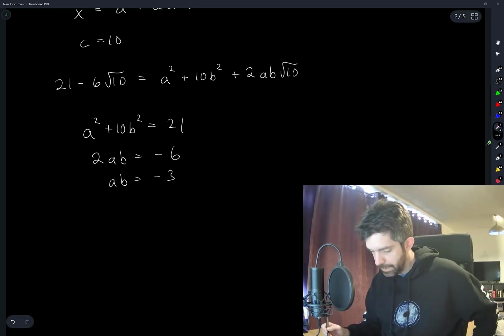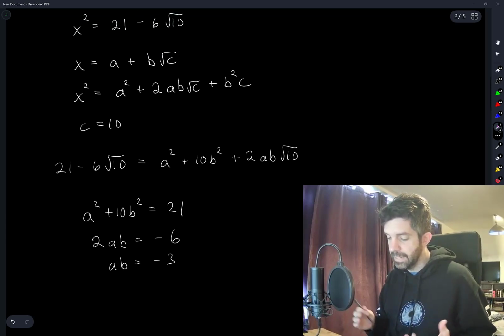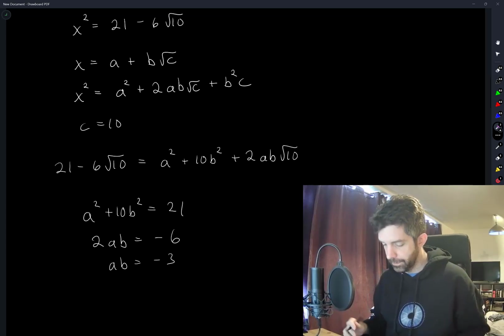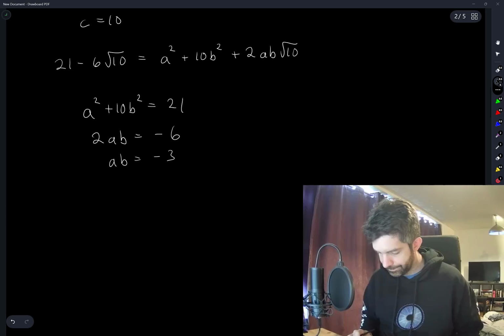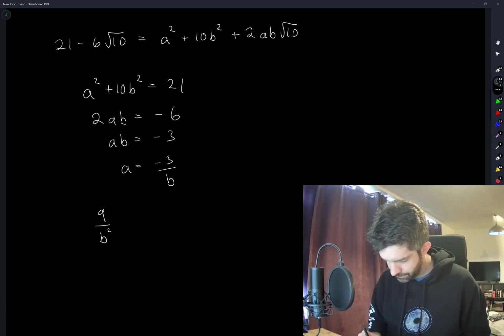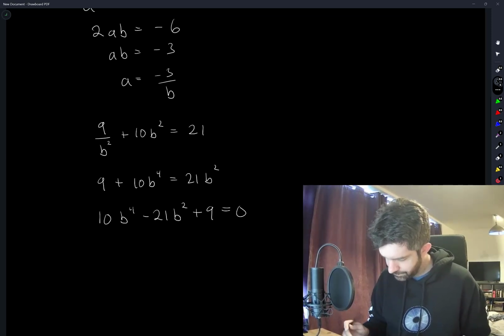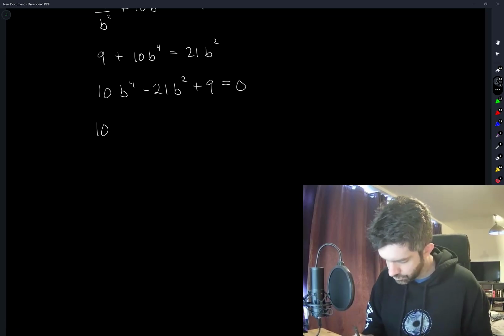And of course, I expect there to be multiple solutions to this because if I have values of a and b that work, negative a and negative b will also work because it's just a square root. Okay. So I think what I'll do is take this and substitute for one of the values up in here. And I can treat this like a quadratic equation.